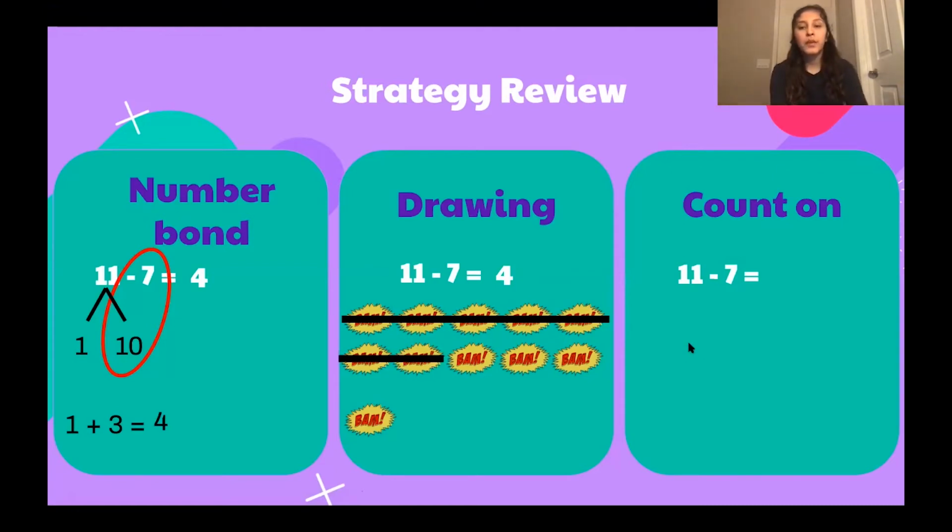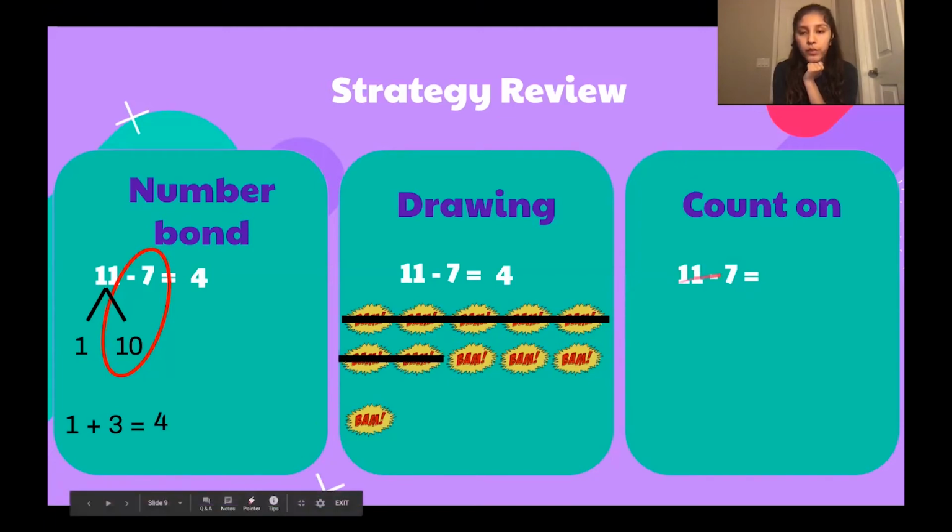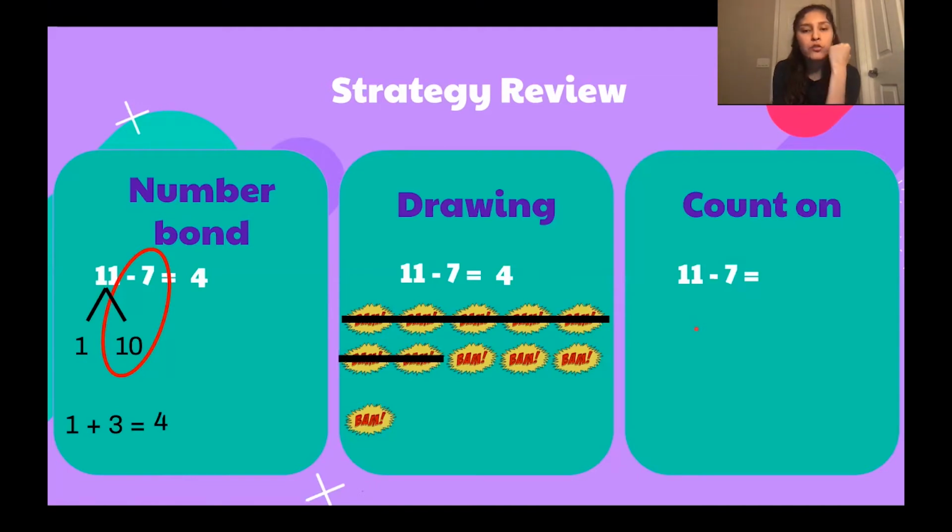So I'm going to show you how you would do it. So the count on, it's 11 minus 7, right? And you would start with, you would put your fist up and you go 7. So 7. And then you would say 8. So you would put one finger, 8.